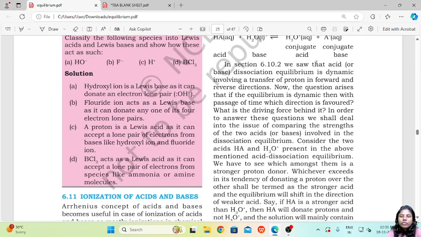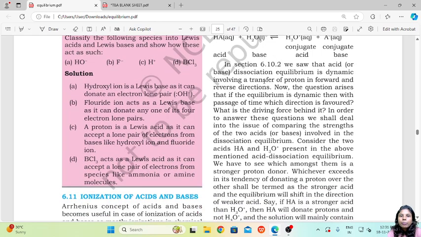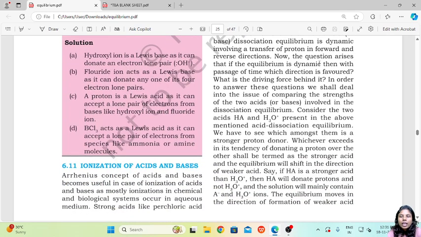Now we have seen that the acid dissociation equilibrium is dynamic, involving a transfer of proton in forward and reverse direction. So here they are saying there is a proton transfer happening in both directions. Now the question arises: if the equilibrium is dynamic, then with the passage of time, which direction is forward?